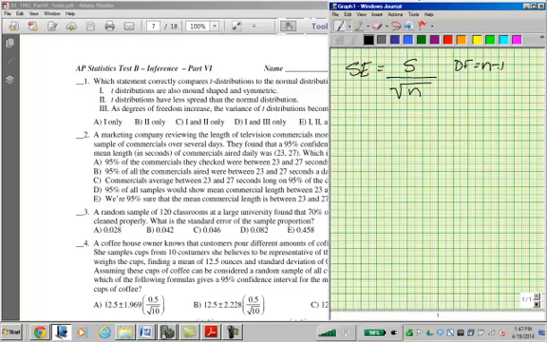Now, as the standard error gets smaller, then the distribution is going to get smaller as well. Okay, here's the size of the standard error.